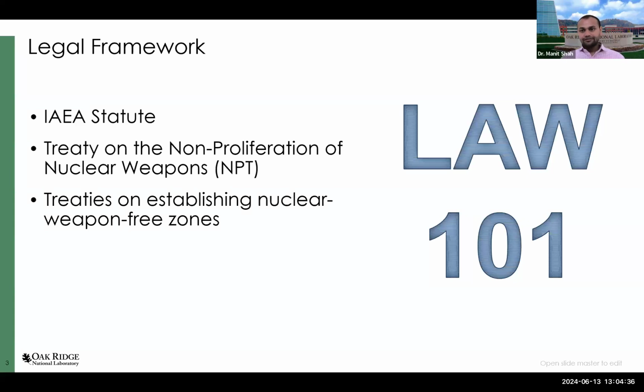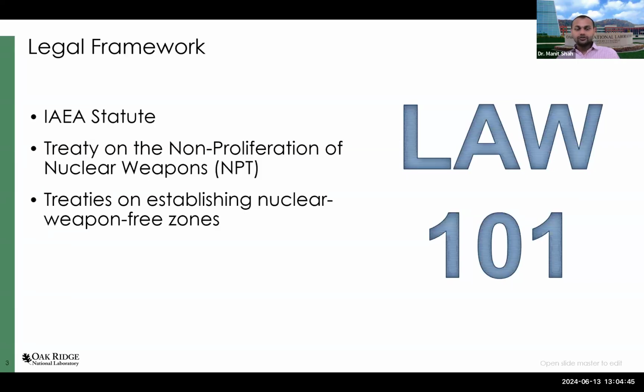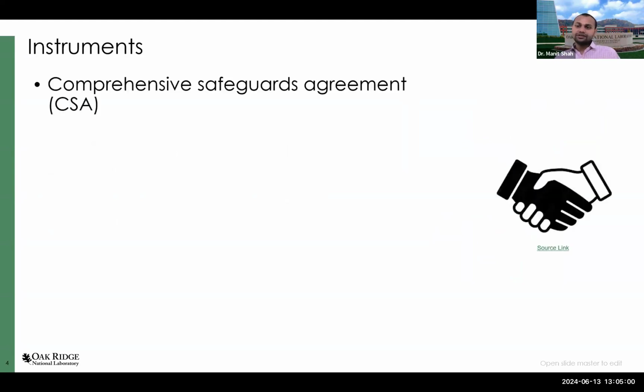There are other regional treaties as well on nuclear-weapon-free zones and whatnot. If you go to the next step, beyond the legal bindings, there are the instruments, how safeguards can be imposed. The first one that comes to the front is the Comprehensive Safeguards Agreement.